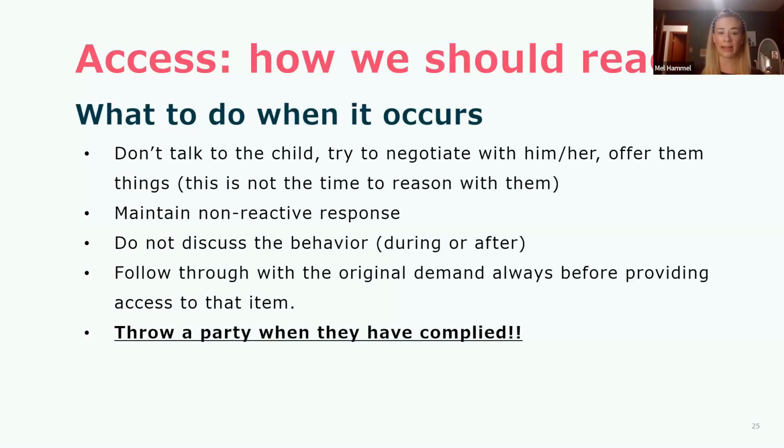And then maintaining the non-reactive response. So do you guys remember my silent statue? That's going to be you guys again with this as well. You are going to be as non-reactive as possible. And what I think is important is if you have a spouse at home that you are working as a team through this, having that communication between each other of when you need to tap out.